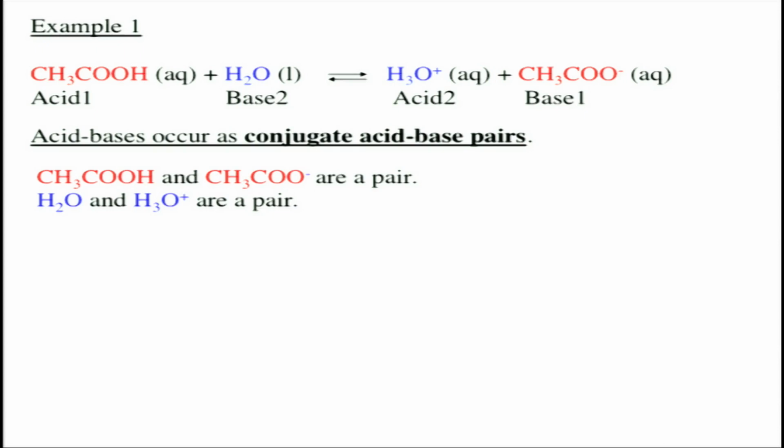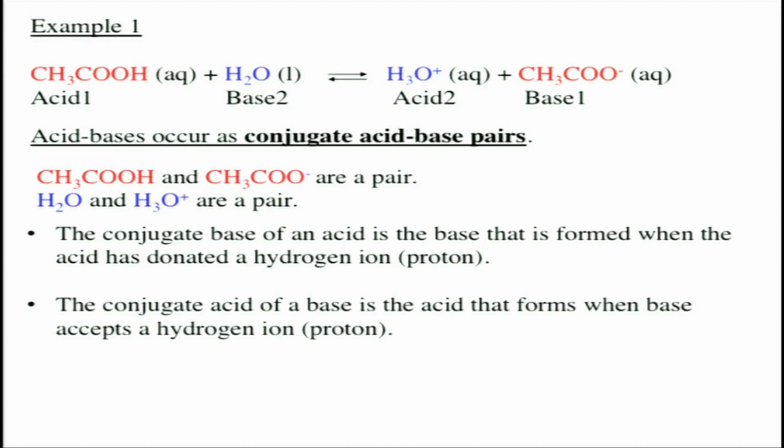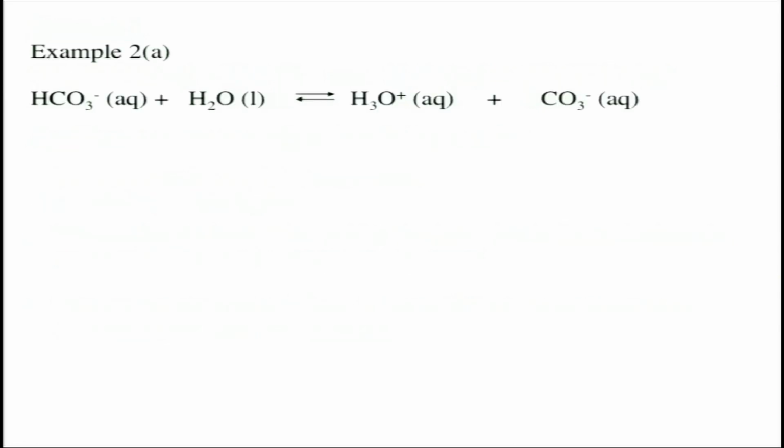Every time a base accepts a hydrogen ion or proton, it becomes its conjugate acid. So the conjugate base of any acid is the base that is formed when the acid has donated a hydrogen ion or proton. The conjugate acid of a base is the acid that forms when the base accepts a hydrogen ion or proton.